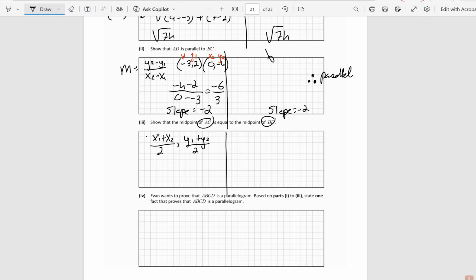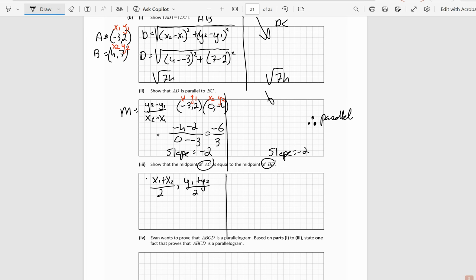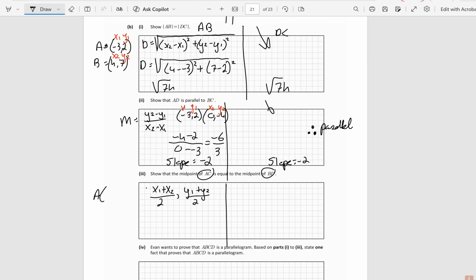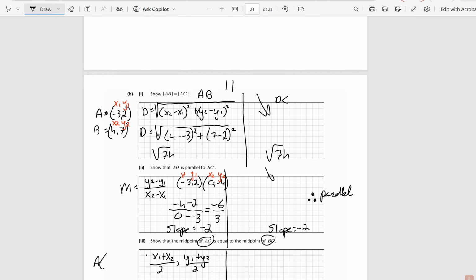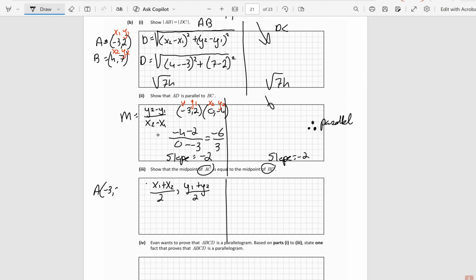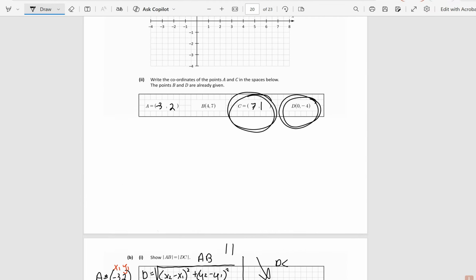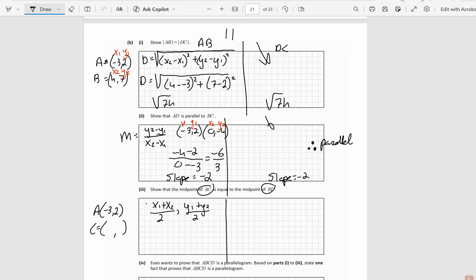Okay, so let's do it. AC, well, A equals minus 3, 2. C equals 7, 1.